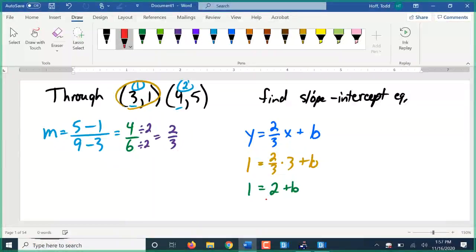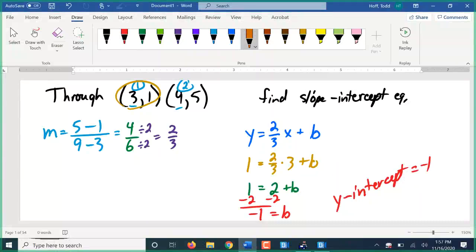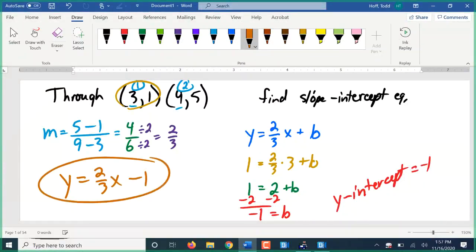To solve for b, I subtract 2, giving me that negative 1 equals b. So that's telling me that my y-intercept is negative 1. So that means my equation, y equals slope of 2/3 times x plus my y-intercept of negative 1, so minus 1. So there's my equation. Had I used the 9,5, I would still get negative 1 as my y-intercept.